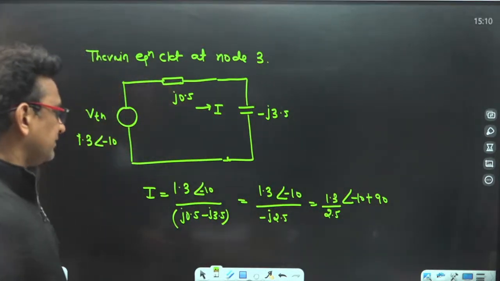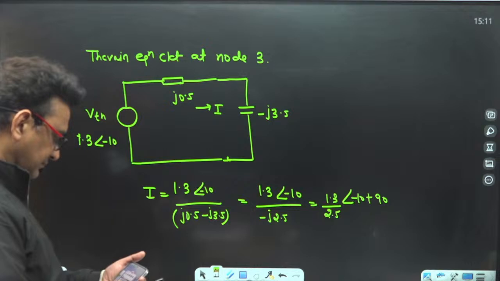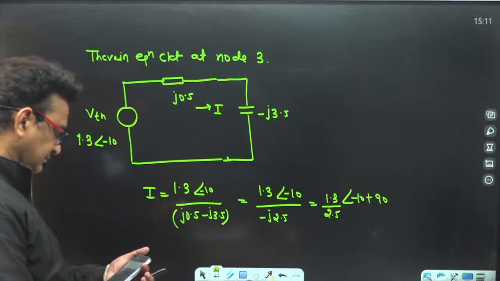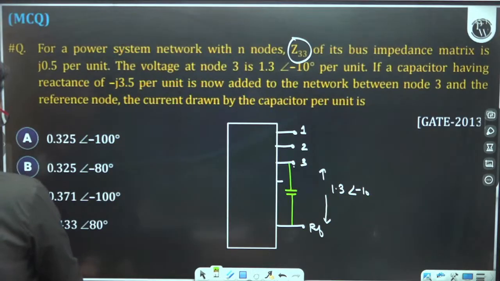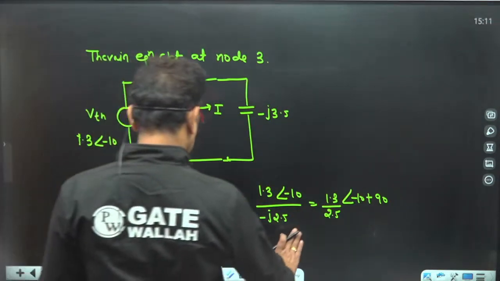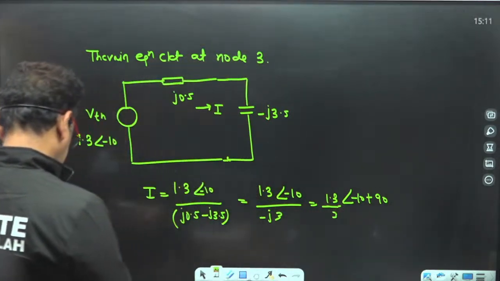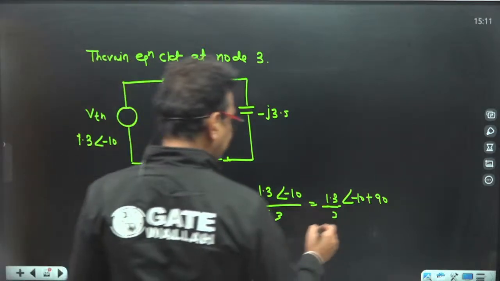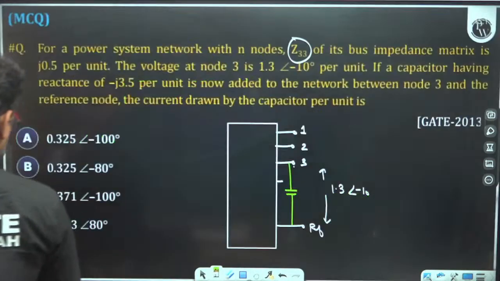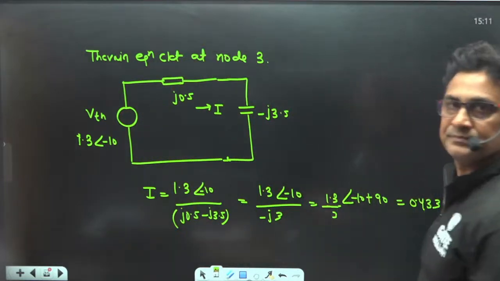So 1.3 upon 2.5 is 0.52. 0.52 angle 80 degrees is the right option. Clear?